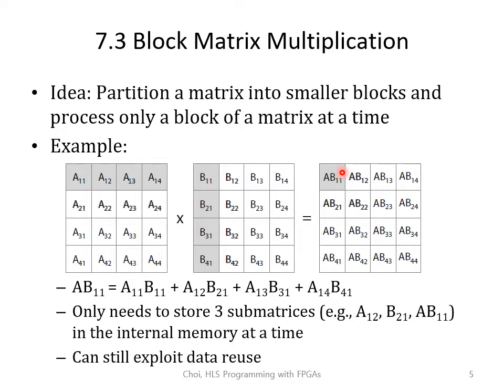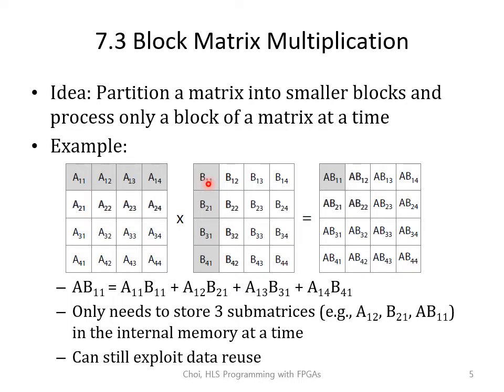Now if you think about how many submatrices we need to store in the FPGA internal memory at the same time, we need to keep storing AB11 because it'll be accessed continuously during this computation. But for A and B, we only need to store one submatrix from A and one submatrix from B, because after multiplying A11 and B11, they are no longer needed.